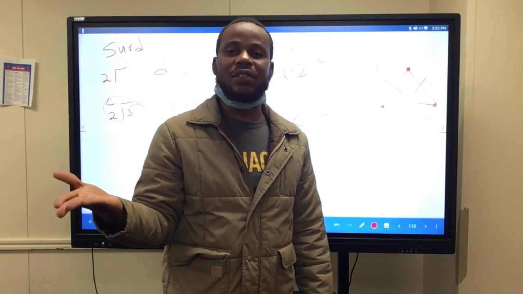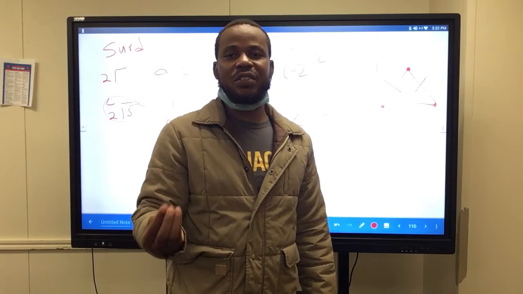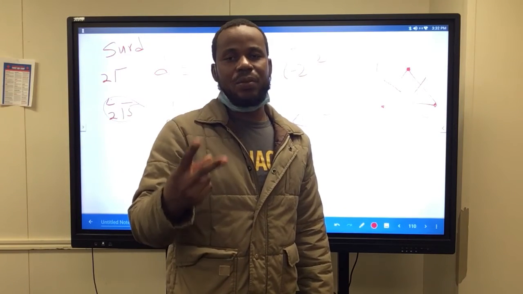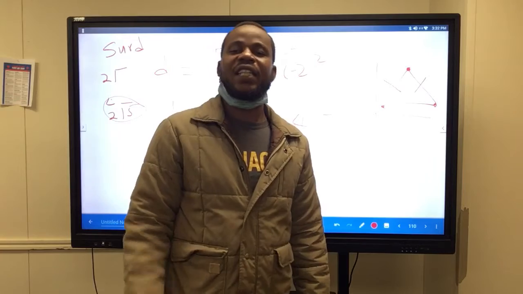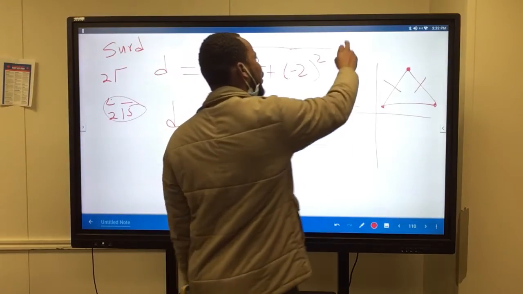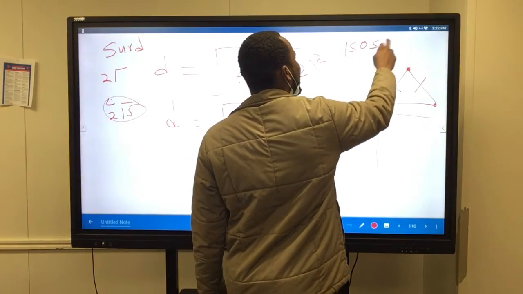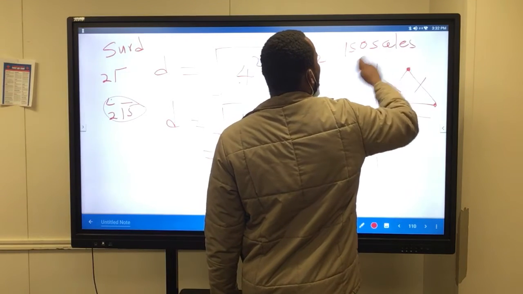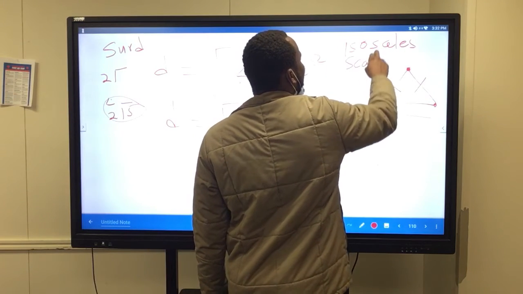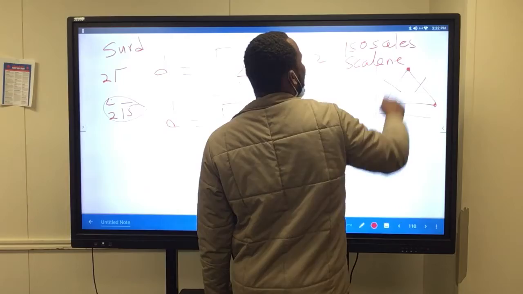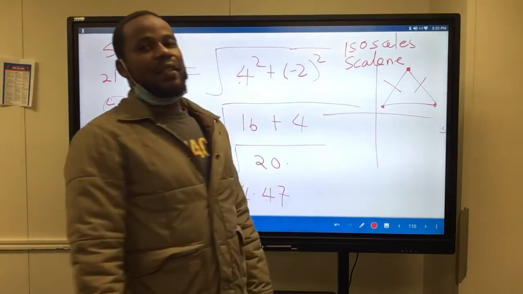We said an isosceles triangle is a triangle which has 2 of its sides equal. A scalene triangle has none of its sides equal.